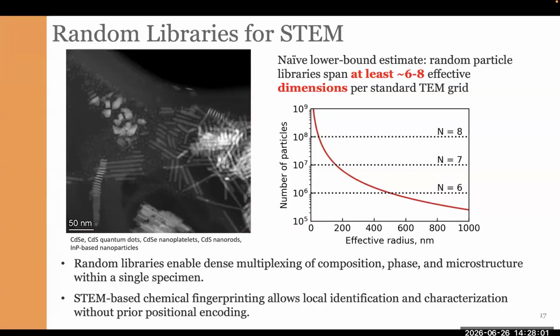And as you may see, the achievable dimensionality of compositional space that can theoretically be investigated through such a random library in STEM is at least 6-7 effective dimensions, which is much more than you can even encode into the standard combinatorial library for investigations.